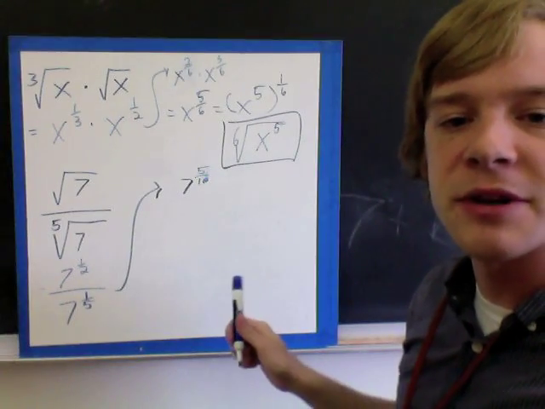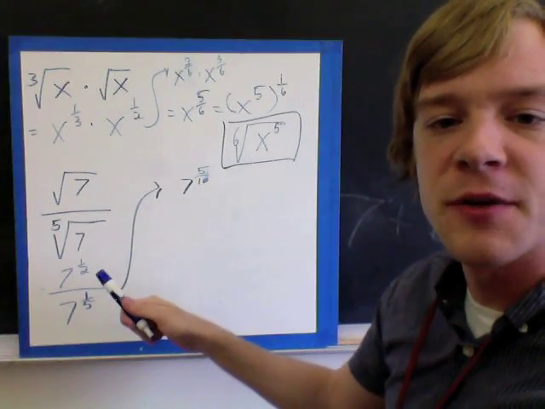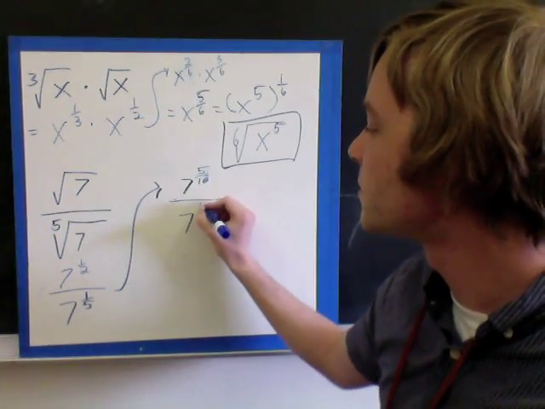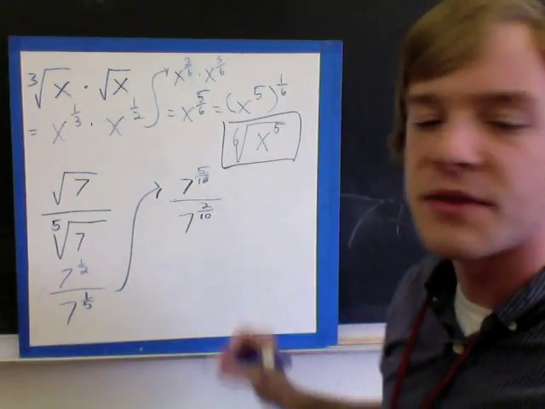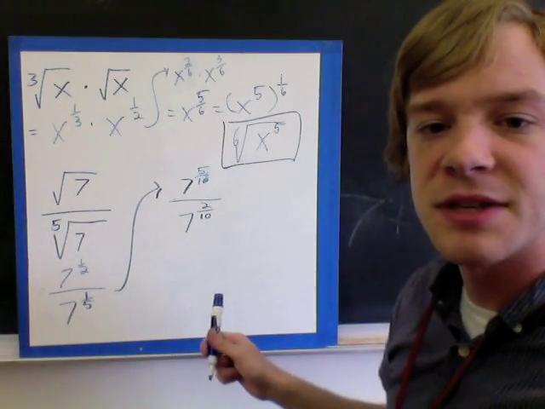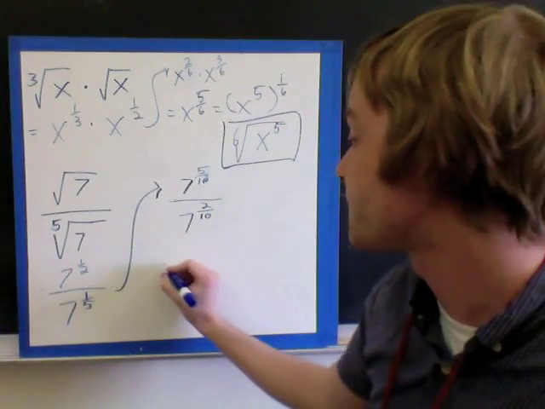The common denominator is going to be 10, so this first one will be 5/10. And the second one here will be 2/10. Now I want to subtract these, and I'm going to get 7 to the power of 3/10.